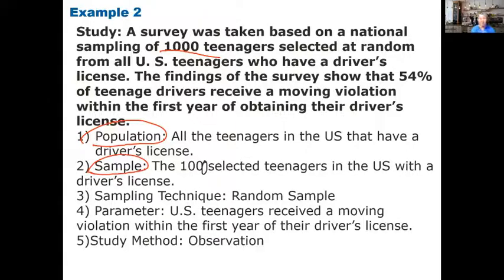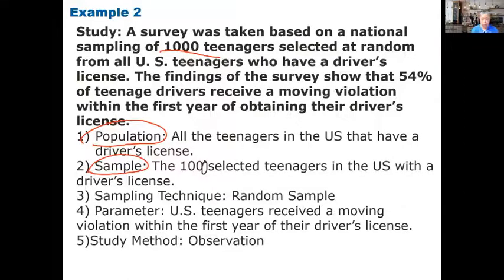Yeah, it's simply observed. They didn't conduct any experiments. They just simply, how many teenagers who got the driver's license would get moving violation within first year, right? How many out of that 1,000 teenagers within the categories in the sample?